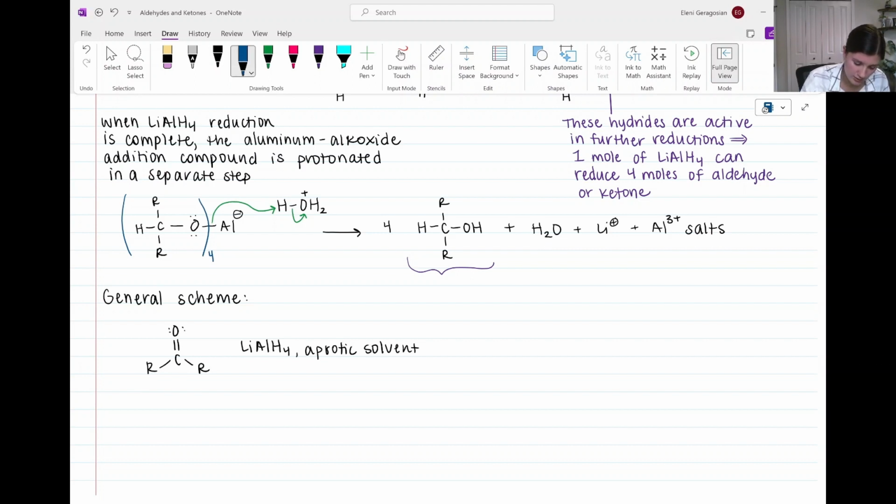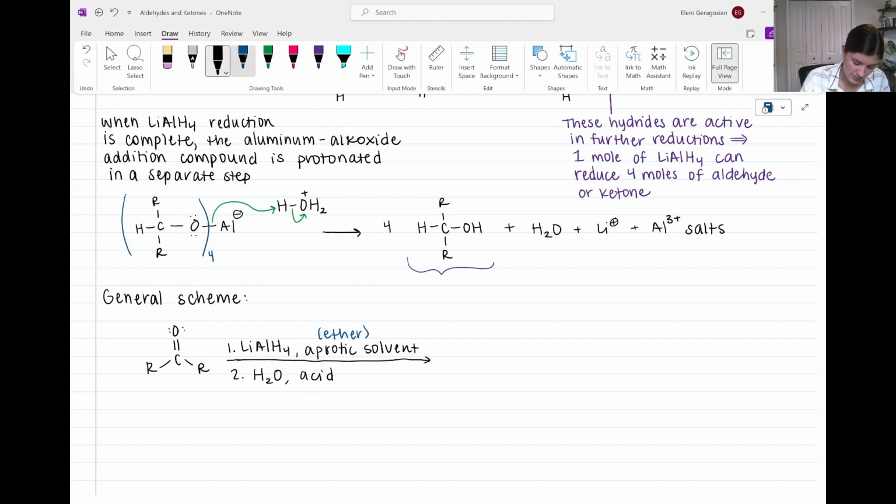Now we said this is usually an ether. In a second step, we add water with some acid. So the lithium aluminum hydride, remember we said that reacts violently with water. So we can't have lithium aluminum hydride in the presence of water. The water must be added in a second step. So we have H2O and some acid.